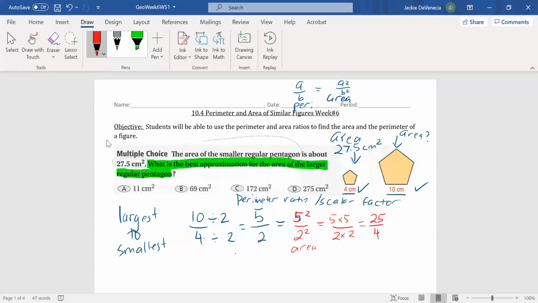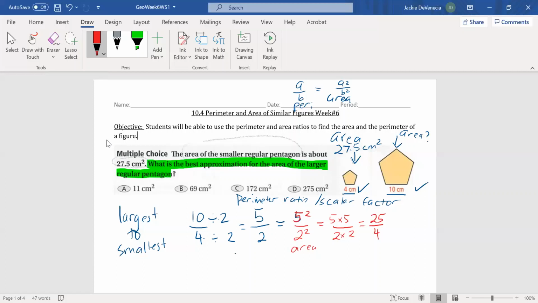This is the relationship between both of these pentagons. They're not the real areas. Like 25 won't be the area of this bigger pentagon. It's just a relationship.